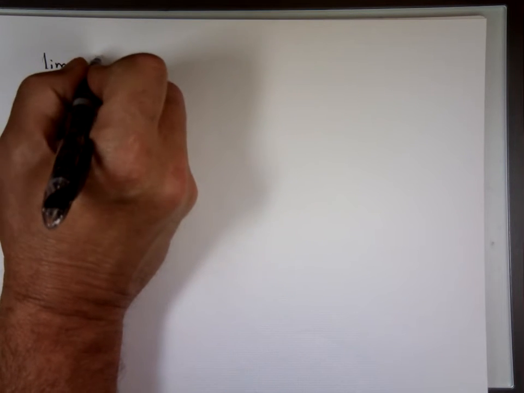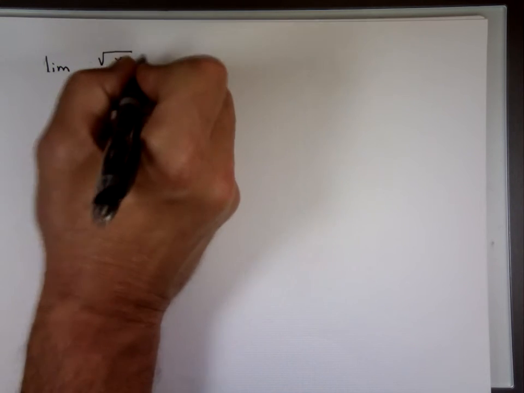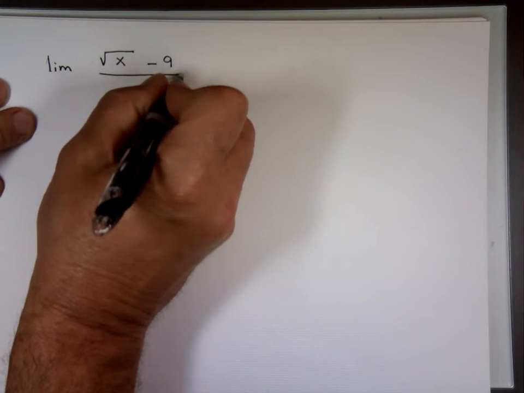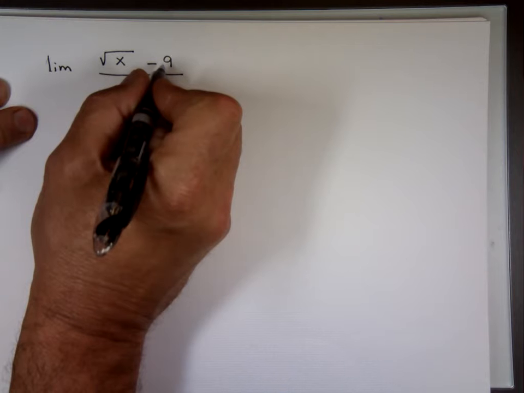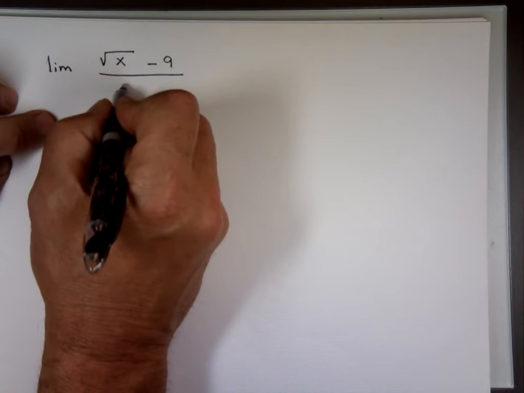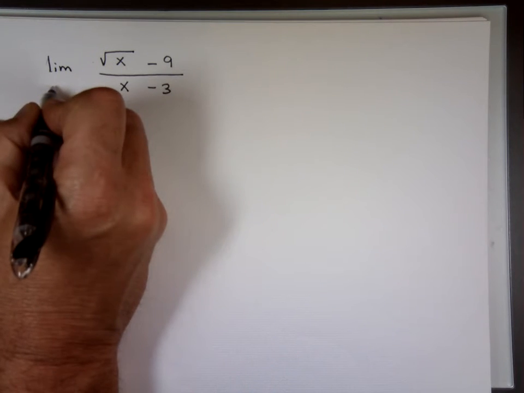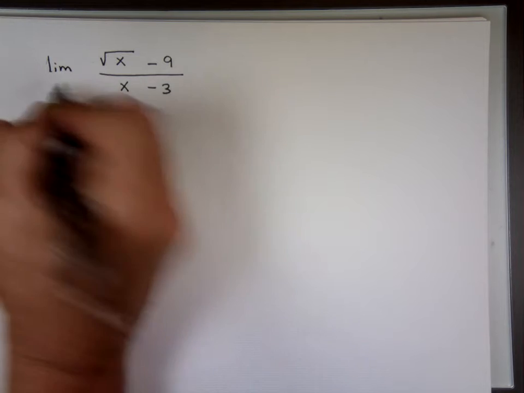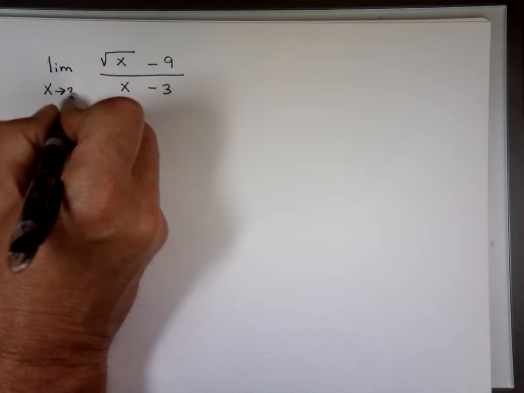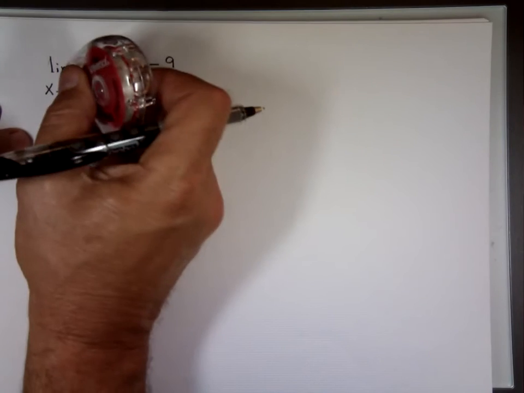The square root of x minus 9 over... I'm just making something up. I have no idea if it's going to work or not. 3, not from the minus side, 3 from either side, plus or minus.